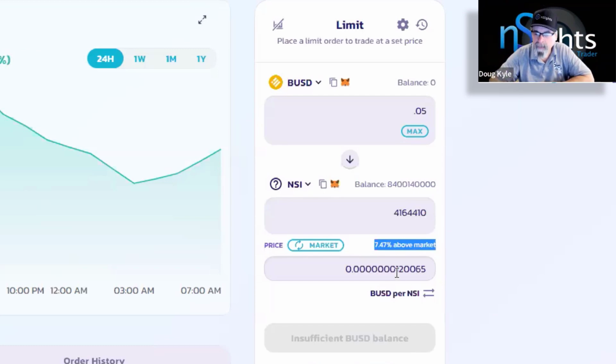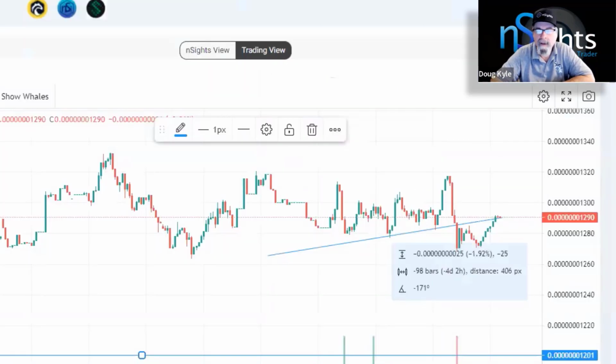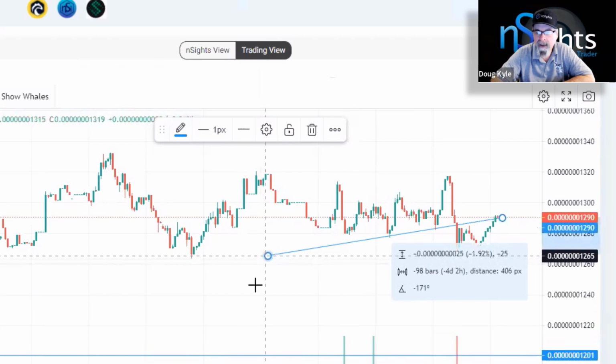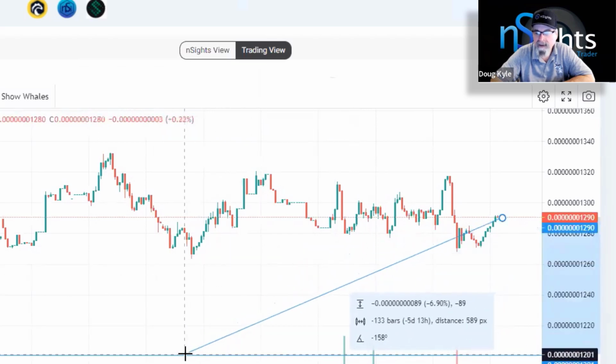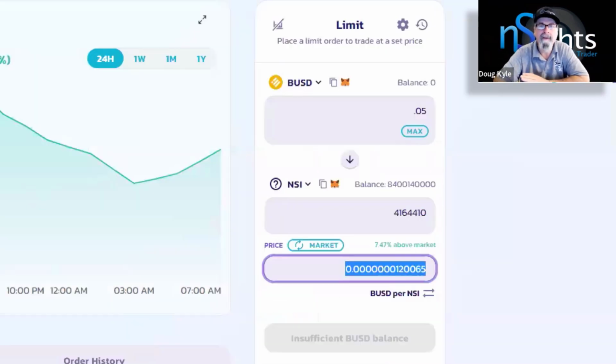But this number that it calculates, 12.0065, is below the market. Here's 12.0, I copied that number in, and we can see that number is 6.9, almost 7% below the market. Here's the market, it's below the market. They have this backwards.